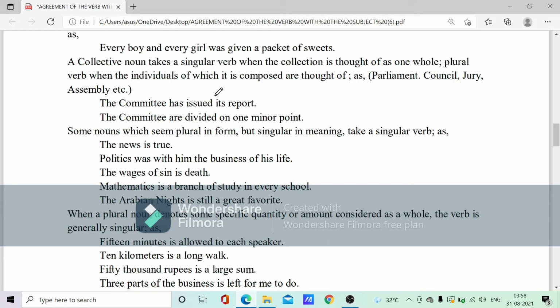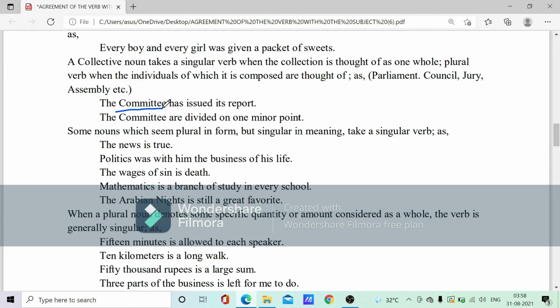Let us see this example, then it would become more clear. The committee has issued its report. What does that mean here? I mean the members of the committee are very much unanimous. They agree on this report. They don't have any kind of difference of opinion, right?